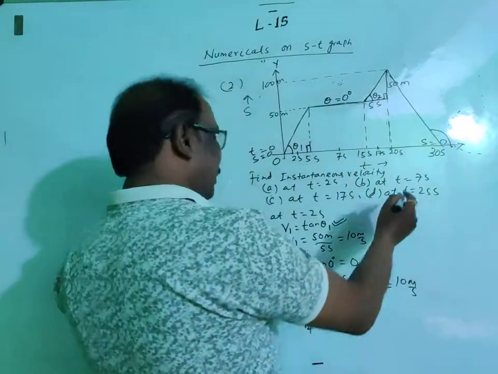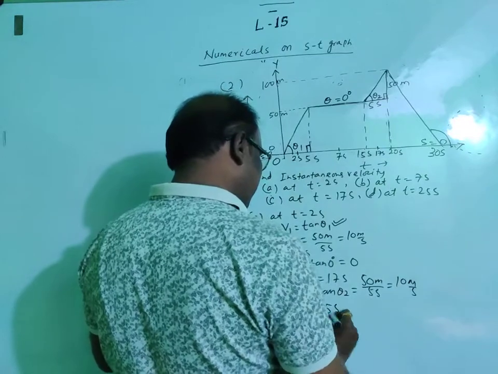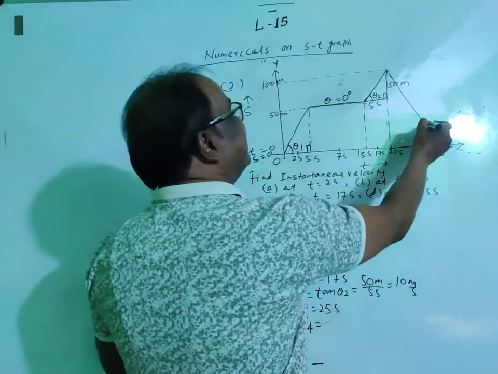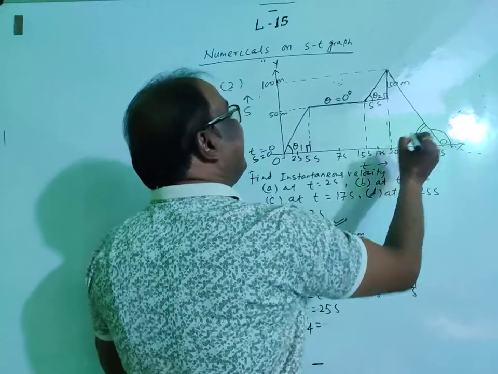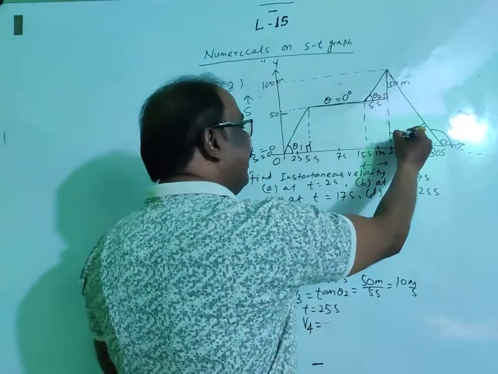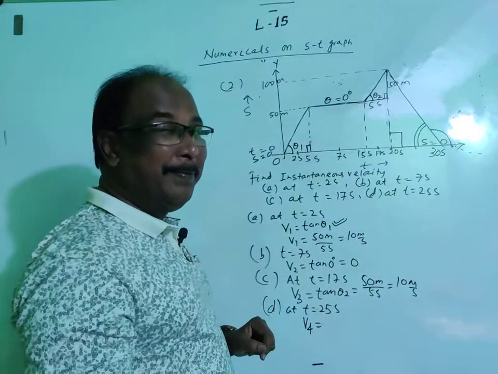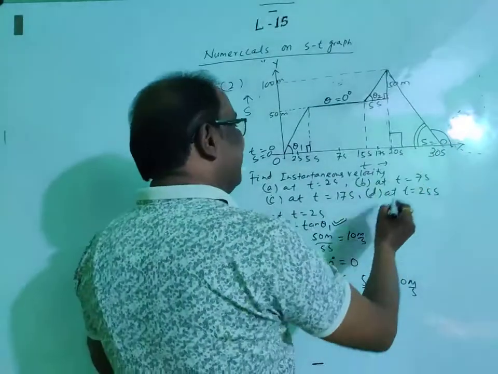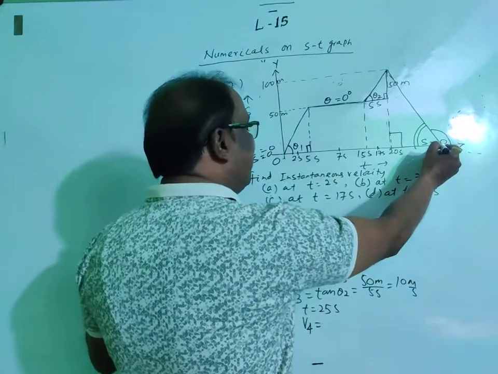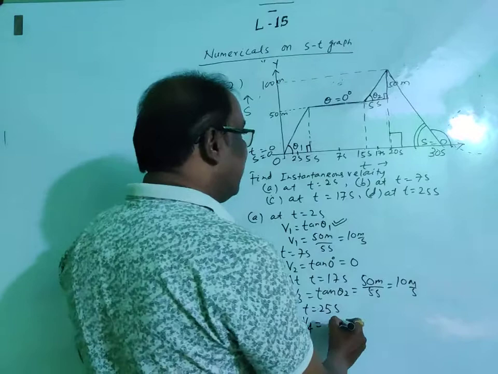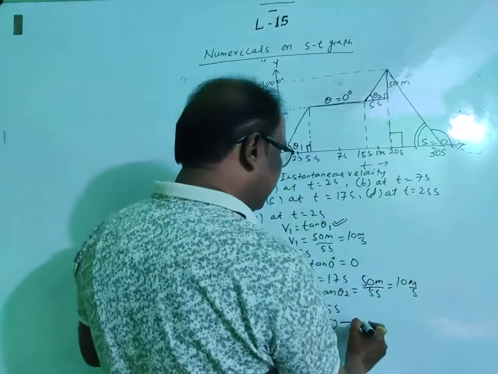First I am taking the negative slope, or you may take it on the basis of this angle. This angle is 90 degrees, and automatically it will come negative. See, final position is 0. Initial position is 100 meter.